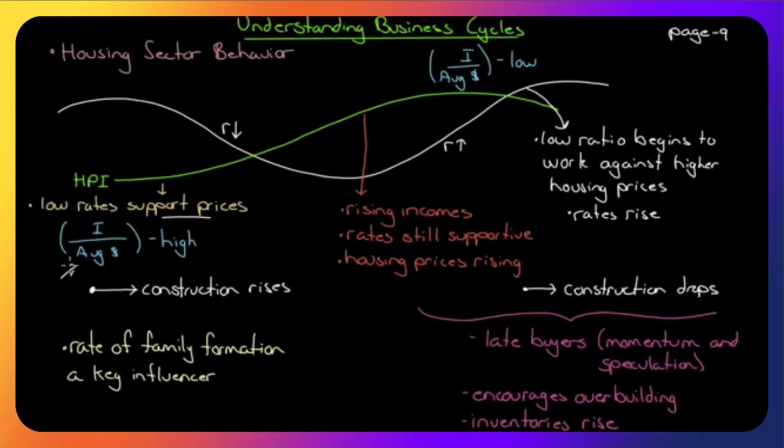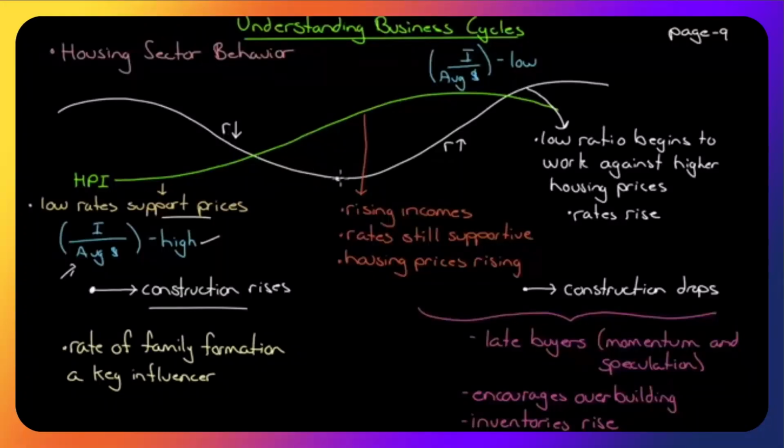If you take the average income in the economy divided by the median home price, that is an indicator of affordability. If that ratio is high, that means affordability is fantastic because you have a low denominator and a high numerator. This is a sign that housing construction will probably start to begin or increase because housing affordability is there. There's going to be more demand.